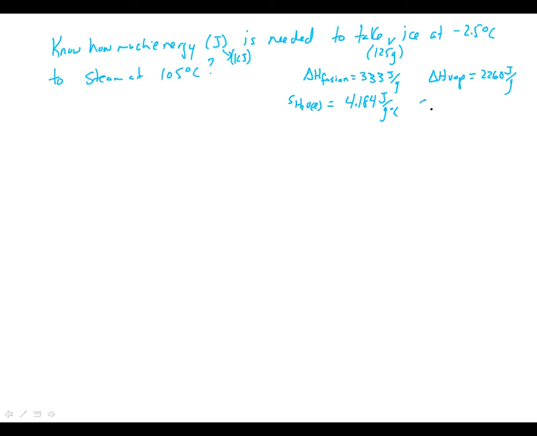Specific heat of solid water is 2.03, and the specific heat of gas or steam is 2.01 joules per gram per degree Celsius.